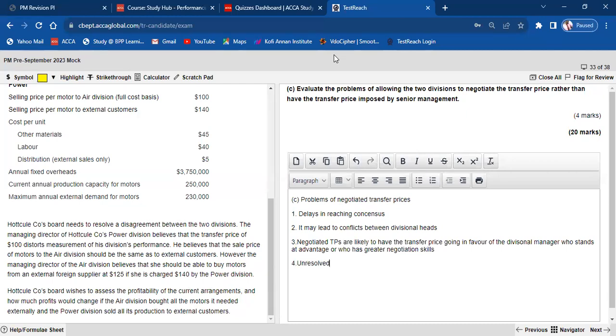Unresolved differences may now require valuable senior management time to resolve. So rather than senior management spending time thinking about strategic decisions, they may now have to spend time solving problems like petty quarrels in the office.